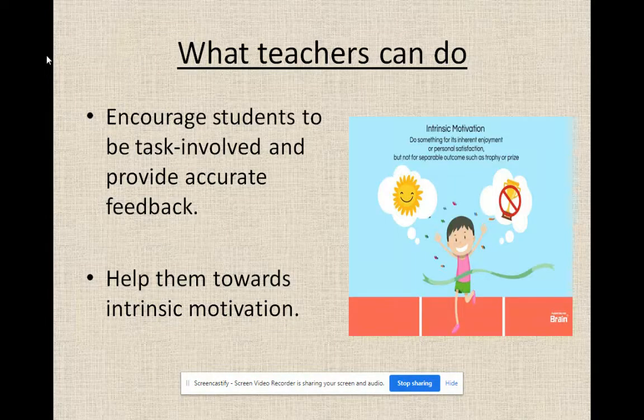Now, next is that students should always be encouraged to be task involved rather than ego involved. And it's the teachers who can help them do that. And they should always provide accurate feedback to the students. It's very important. Neither should you appreciate them too much, nor should you criticize them too much.